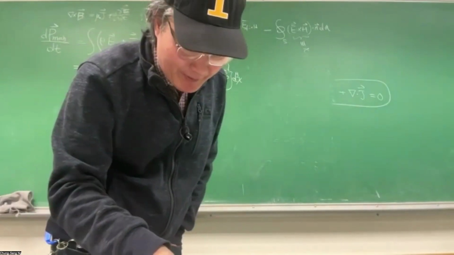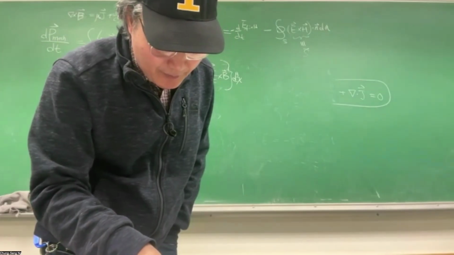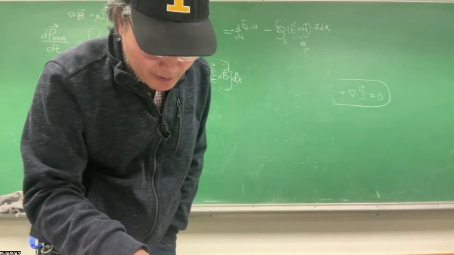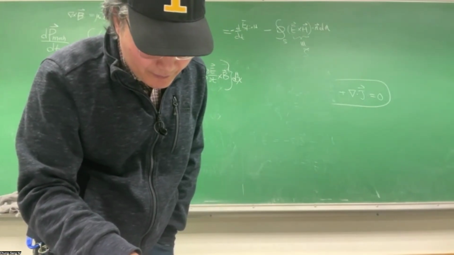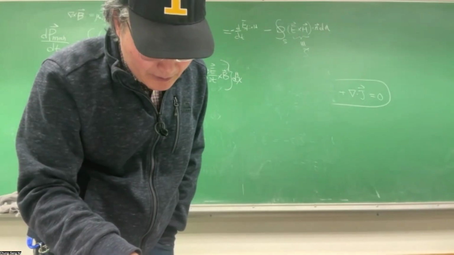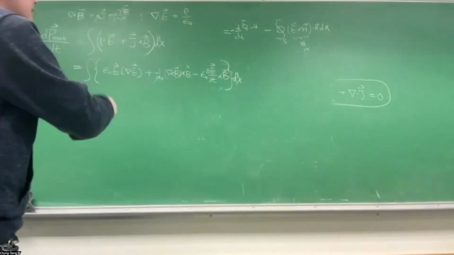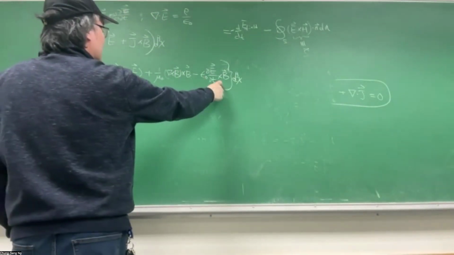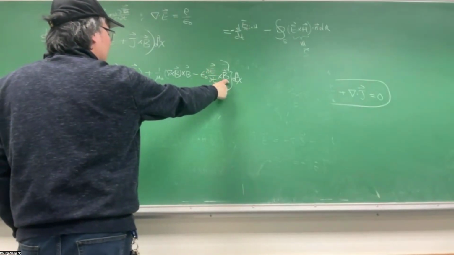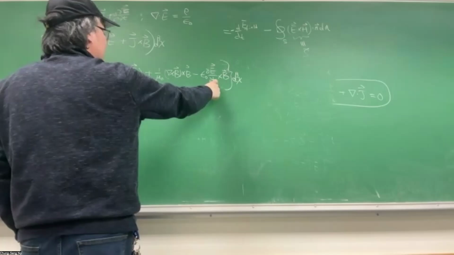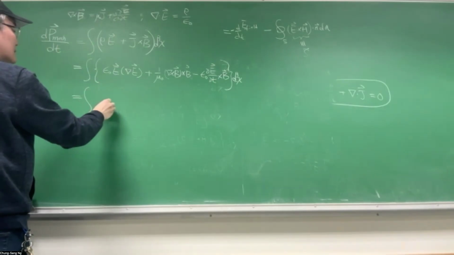Let's see. The equation below 6.115, I think we are just using this. Take the time derivative of E cross B, the total time derivative, and then you subtract the extra term. Let's keep writing.